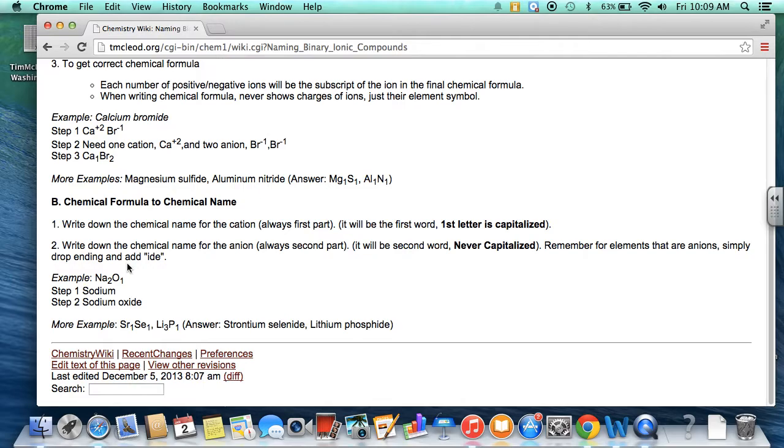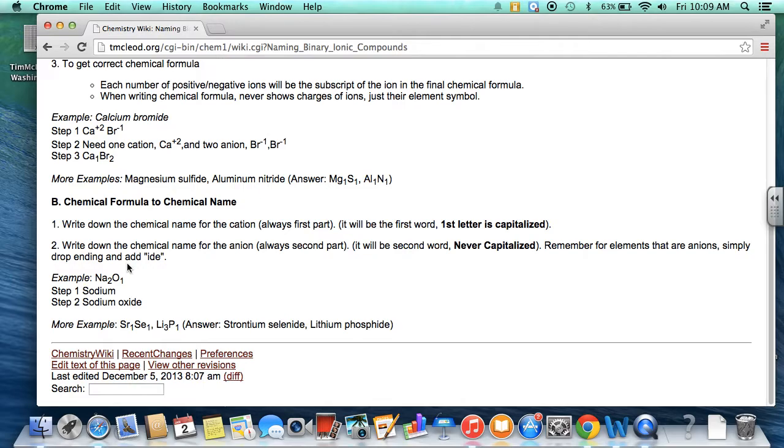The subscripts are the number of each of the ions you need to make that happen. And for now, if it's a 1, you must still show the 1 as a subscript. So every single thing has a subscript.